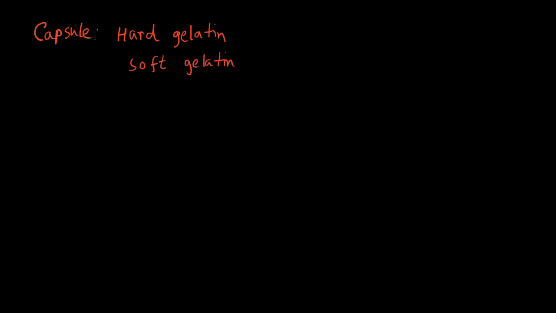The next type of solid dosage forms are powders. The powders can be given as powder for suspension, which is reconstituted with water and then a suspension is made. Or the powder can be given in a dry powder inhaler, DPI, or the powder can even be given as granules, which can be given with food for children.